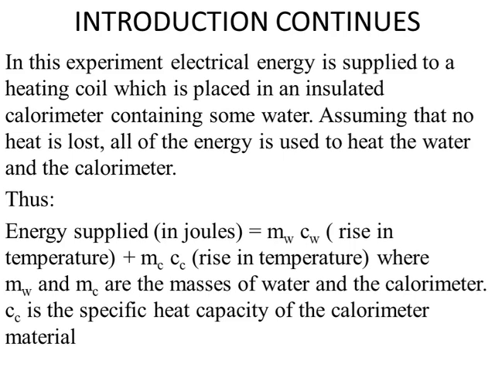Then I said that in this particular experiment, electrical energy is supplied to a heating coil, which is placed in an insulated calorimeter containing some water. What does this statement mean? It means that you will have a heating coil inside a copper calorimeter container, which will be plugged to an electrical source.